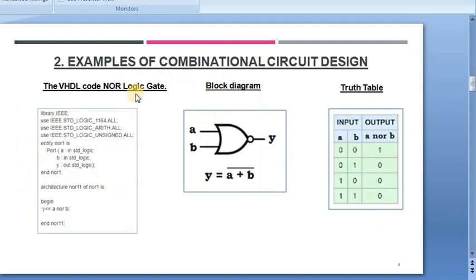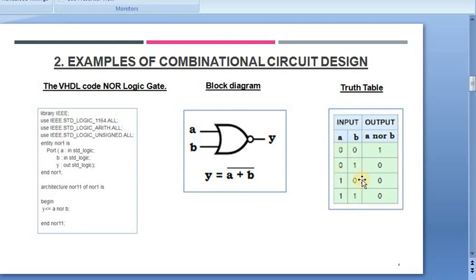As you see on the slide, an example of the combinational circuit is shown. This is an example of NOR gate logic. As you see its block diagram on the right side, the truth table is written along. Two inputs are there, A and B, and one output, that is Y. Now the inputs can have four combinations as shown in the truth table.